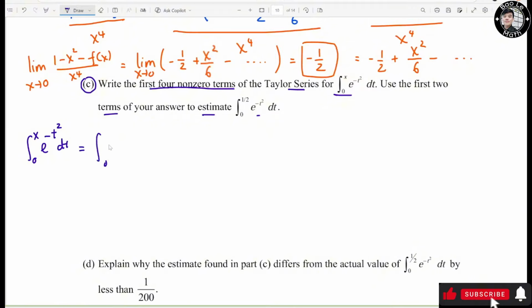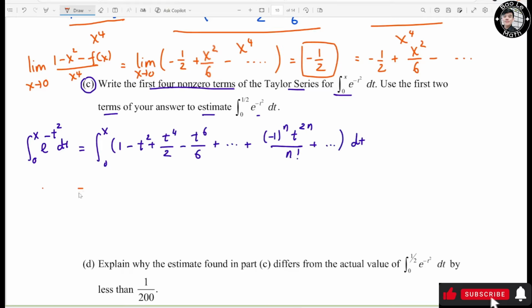Now we're going to use the Taylor polynomial expansion which we did in question A. The antiderivative of 1 is going to be t, and then t cubed over 3 plus t to the 5th over 10 minus t to the 7th over 42 plus etc.